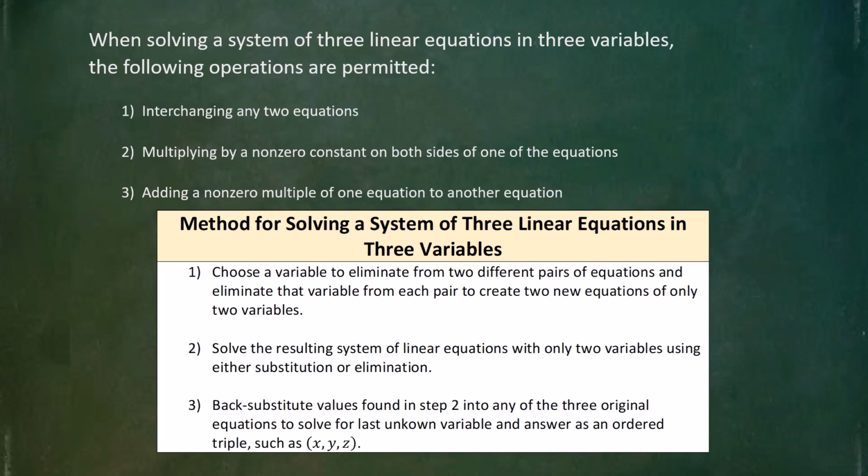So the idea here is if I'm starting with 3 variables, we want to find a way to get rid of one of them so I can turn it into a 2 variable system. And whether you want to do that with an elimination approach by trying to cancel out, say, the x's between 2 equations, or maybe you wanted to do more of a substitution approach, which would be more like isolating an x in one equation and then plugging that into the other 2 equations, is up to you as far as how you want to go.